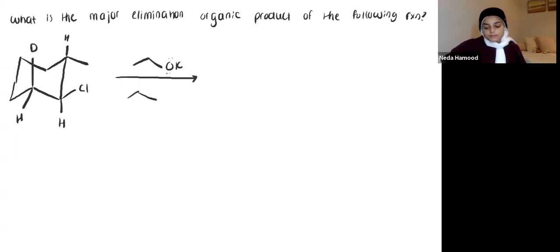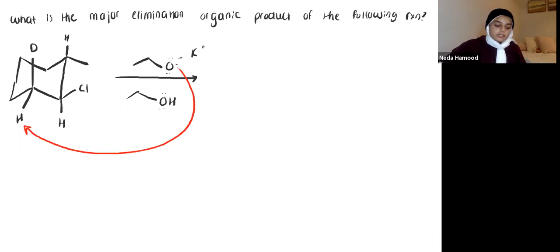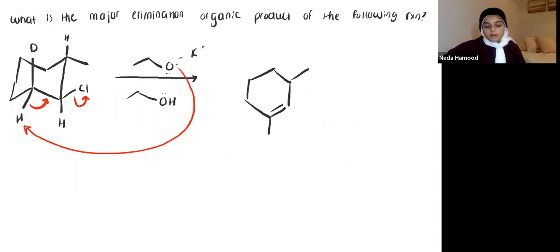Obviously, the potassium is going to separate itself, so then we end up with something that looks like this. Pretty much what would end up happening is that the oxygen is going to come grab this hydrogen here. The hydrogen is going to go there, and then chlorine is going to leave, and we are left with this product. And you might see other options or things that look like this.